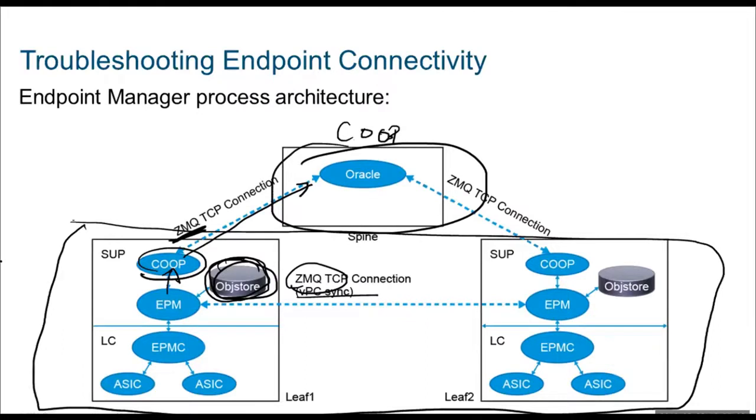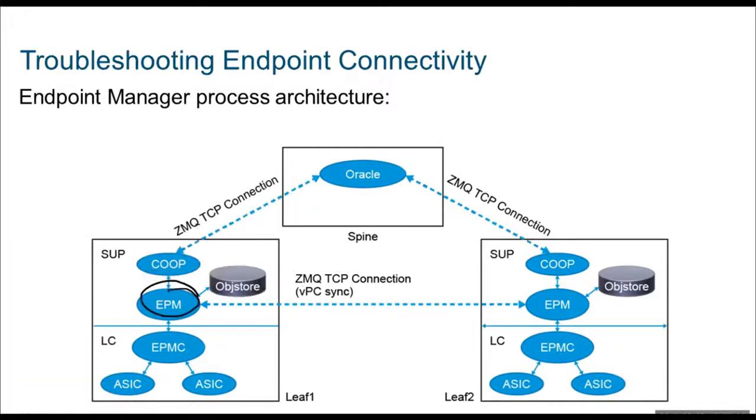The client, that's the endpoint manager client, handles making sure that endpoint information is programmed. So keep in mind, this one learns about any entries, let's say through the ports which are Fabric connected. It's got to program the information into the global station table in the line card.